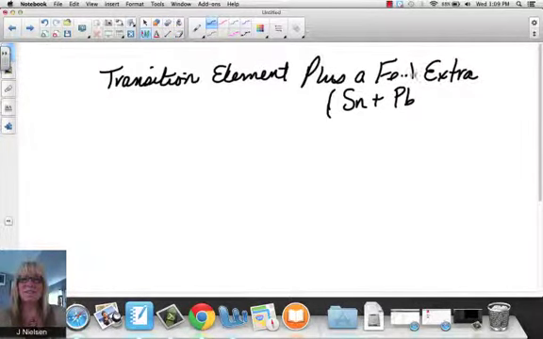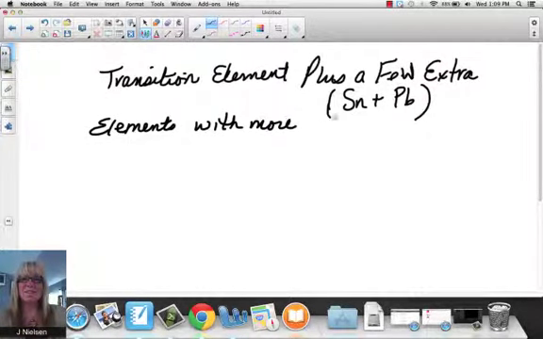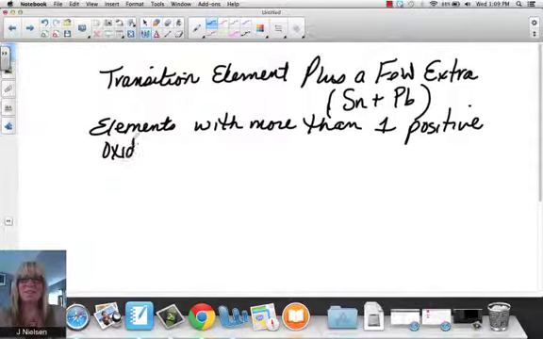But we're really talking about elements with more than one positive oxidation state. So if you look at tin on your reference table, it tells you it has a +2 and a +4. And if you look at Pb, it says it's got a +2 and a +4.